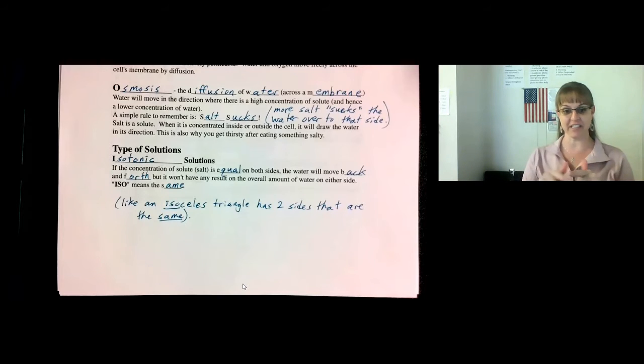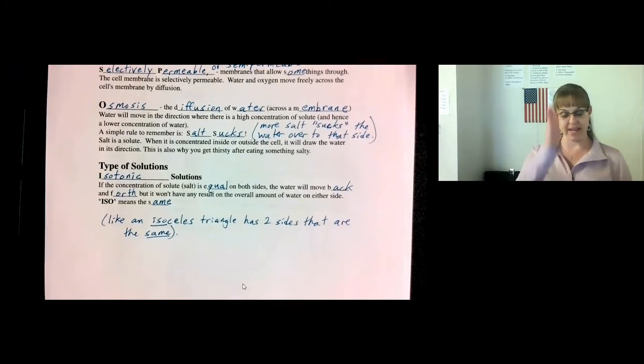So an isotonic solution has equal concentrations. If you put a membrane between those two solutions, the water will simply transfer back and forth at equal rates, but the overall big picture will stay the same because the concentrations are the same.